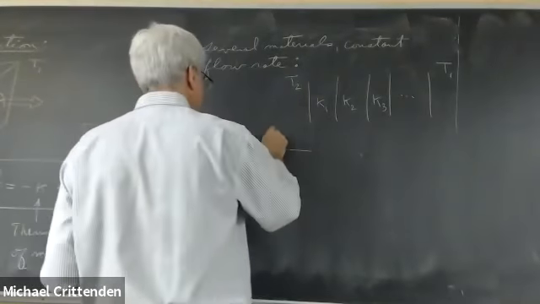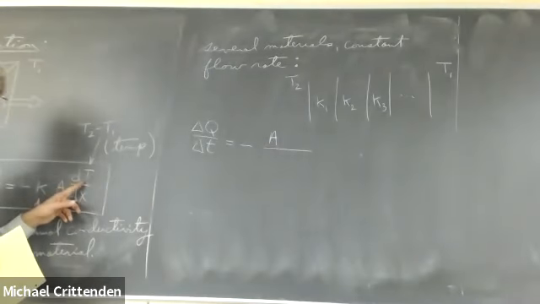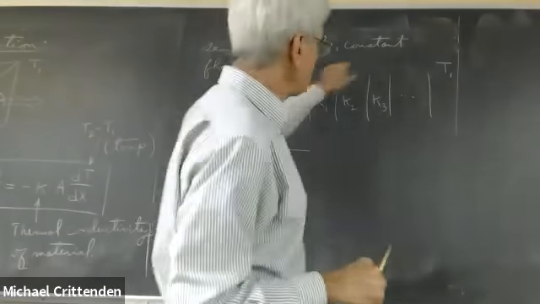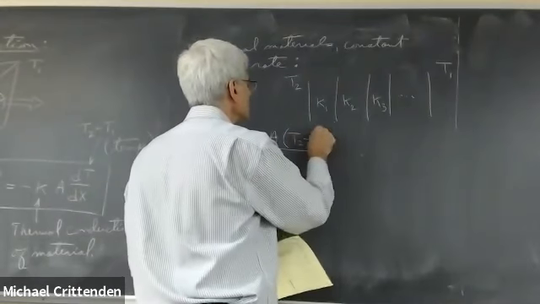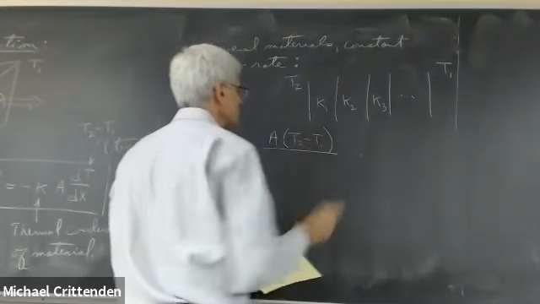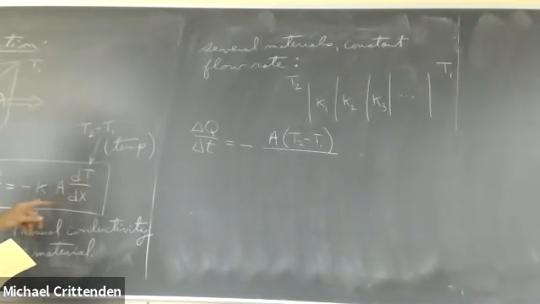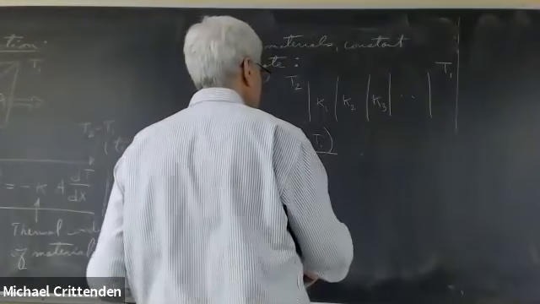Once again, we have the area A. Where this little infinitesimal difference in temperature was, now I've got a finite difference, T2 minus T1, for the dT. And then the other thing is the thickness of the material, which I meant to label and I didn't leave myself enough room.